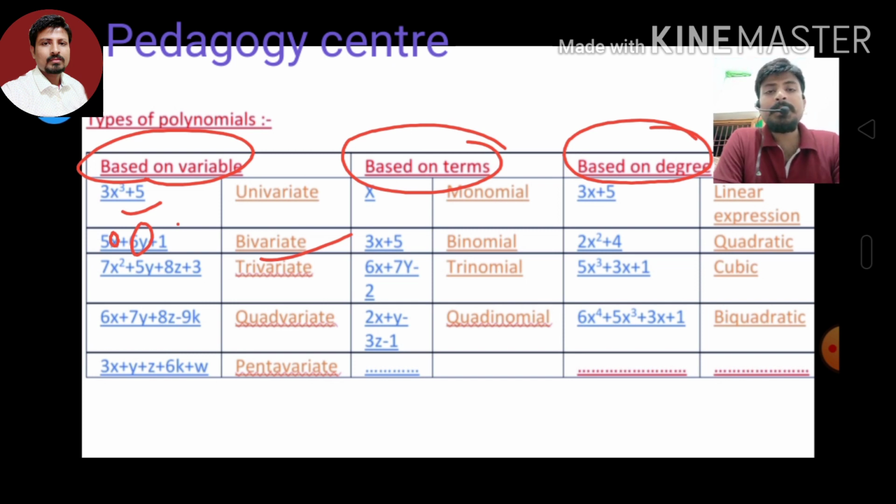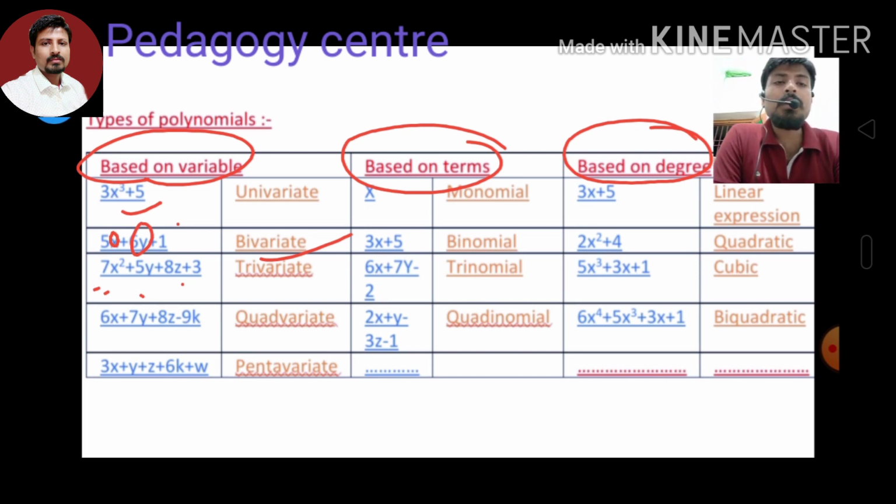If any expression contains three variables, that is called trivariate. For example, 7x squared plus 5y plus 8z plus 3 is an expression and contains three variables x, y and z. So it is trivariate and so on.